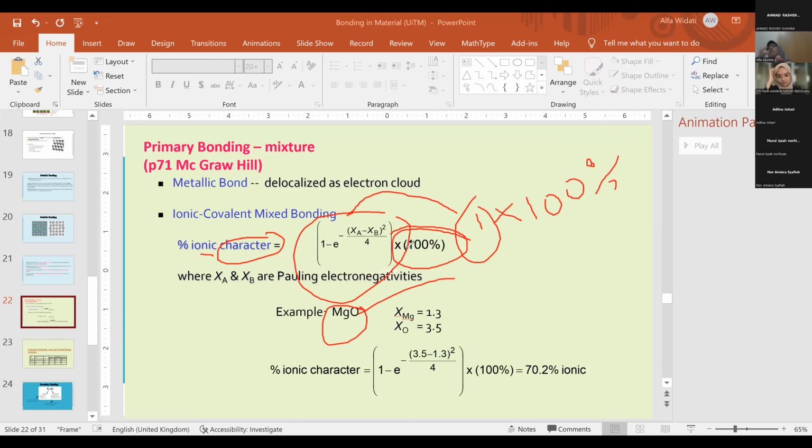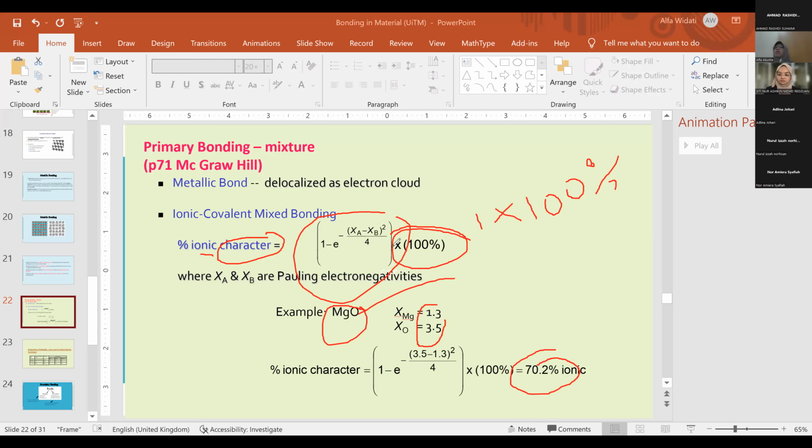Why is it covalent, why 70% and 30%? It's because there is a value of electronegativity between magnesium and oxygen. When we subtract the electronegativity values of magnesium and oxygen, we have some value, then we calculate it and we find 70.2%.